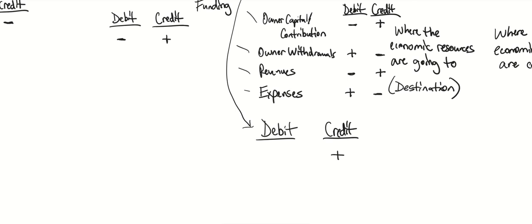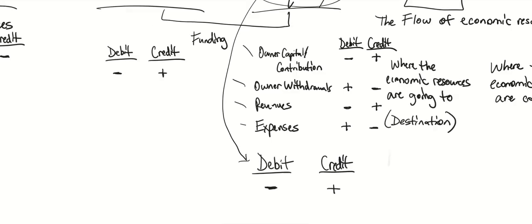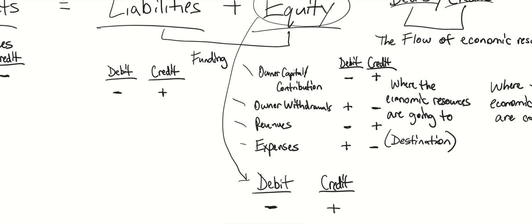So the debit column is going to be a subtraction there. Hopefully that makes sense. This debit and credit here in the equity section is comprised of 4 other accounts: owner capital, owner withdrawals, revenues, and expenses.